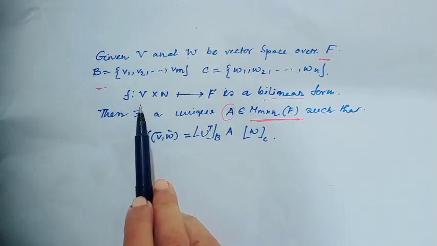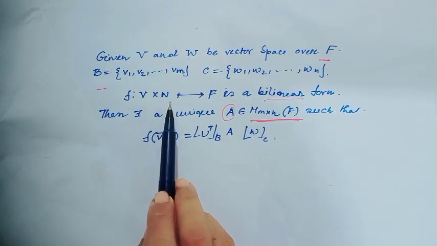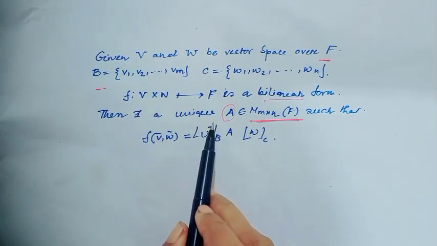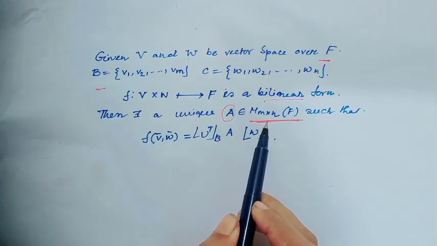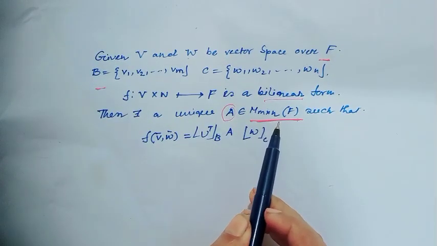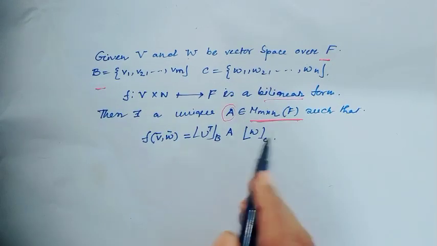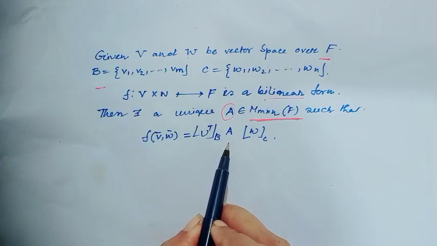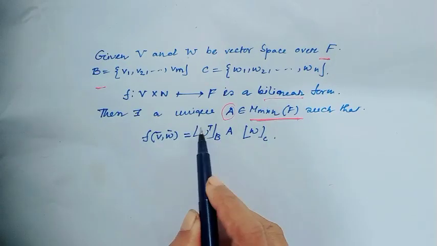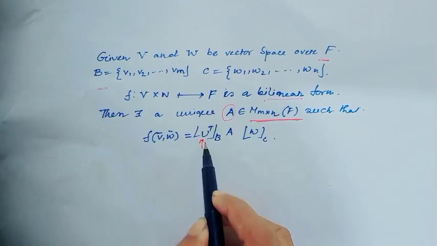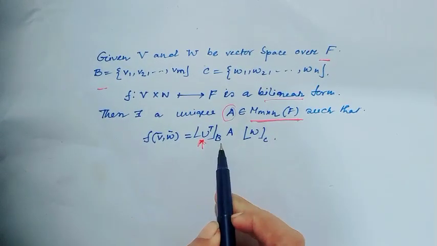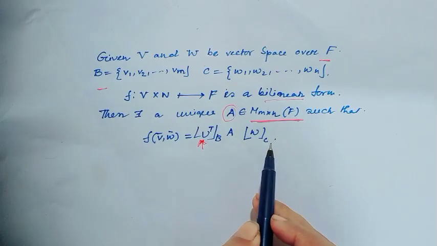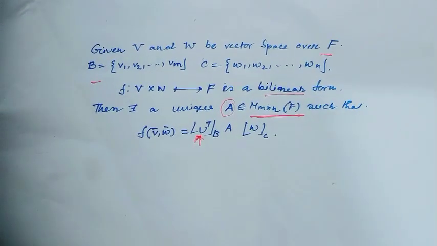Then consider a bilinear mapping f from V cross W to F. This is a bilinear form, then there exists a unique A, which is an m cross n matrix over the field F, such that f of v comma w equals v transpose A w. Here small v is the coordinate vector with respect to the basis B, and small w is the coordinate vector with respect to the basis C.